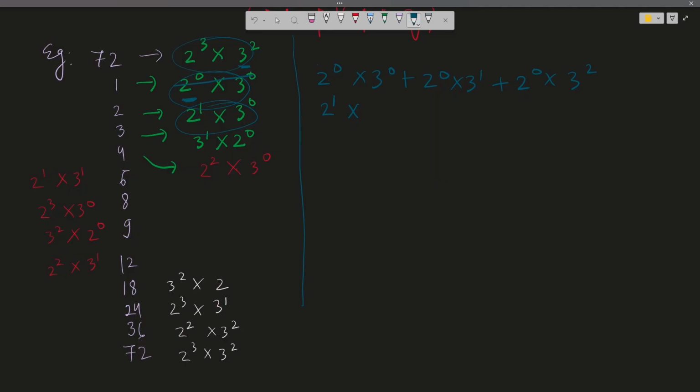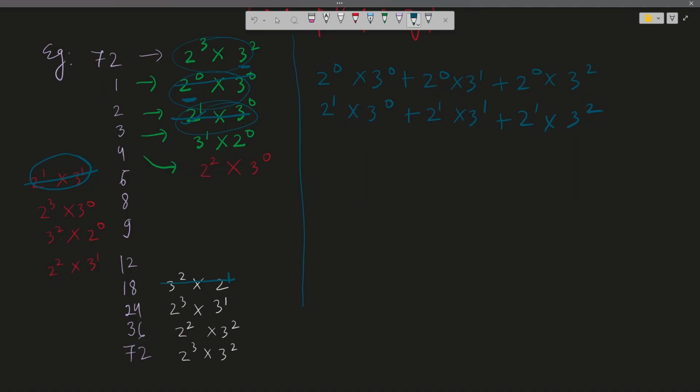So 2 to the power 1 into 3 to the power 0 plus 2 to the power 1 into 3 to the power 1, and here it is 2 to the power 1 into 3 square. So 2 to the power 1 into 3 square, and stop here.